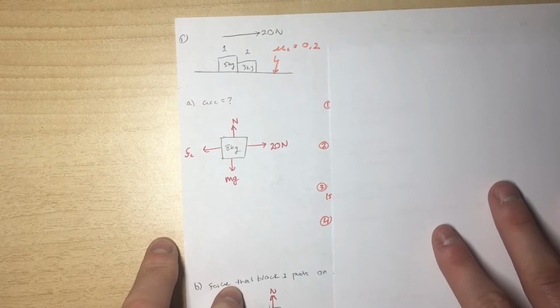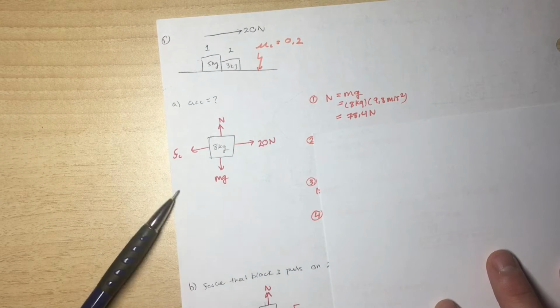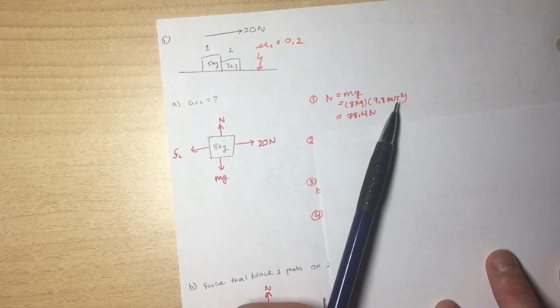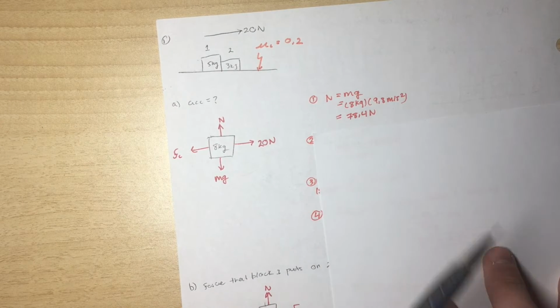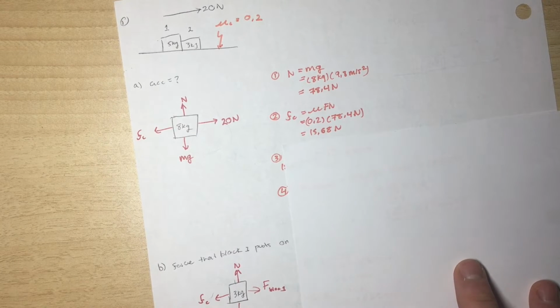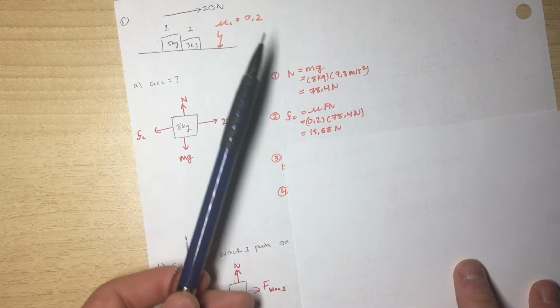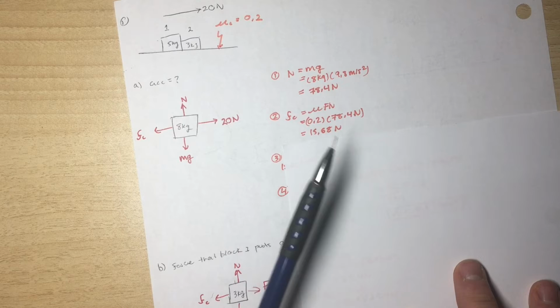The first thing to do would be to find the normal force, since we're going to need it later on. So N is equal to mg, so 8 kilograms times g, which is 9.8 meters per second squared, and we get 78.4 newtons. Next we can use this to find the force of friction: the coefficient times the normal force that we found, and we get 15.68 newtons.